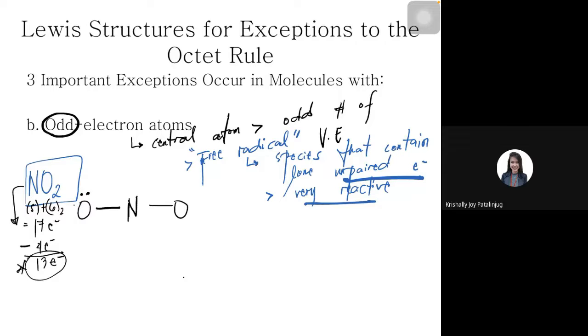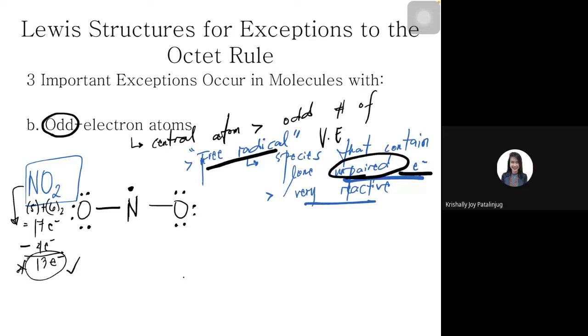By 6, because the surrounding oxygens lack 6 each. 6 by 6, so 6, 12. There is still one left. Where will you put that one? Look, the central atom has an unpaired electron. And that makes it a free radical because it is an example of a molecule that contains unpaired electrons. Specifically, its central atom has an unpaired electron.